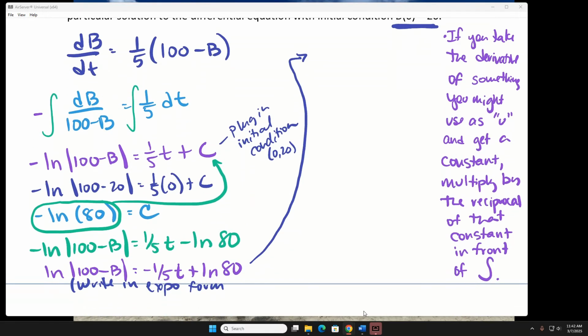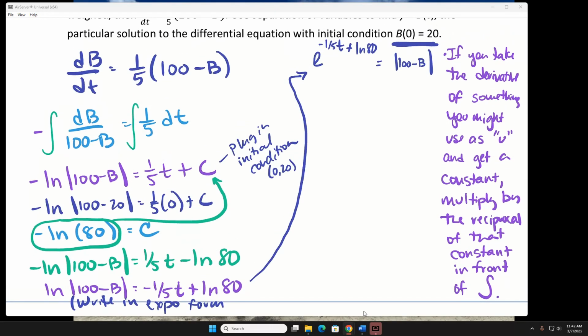Okay, so it's going to be e raised to the negative 1/5 t plus natural log of 80 equals the absolute value of 100 minus b. Hopefully we can squeeze all this on here.